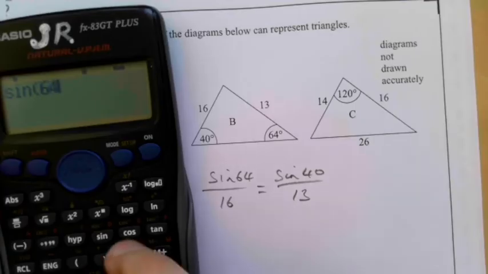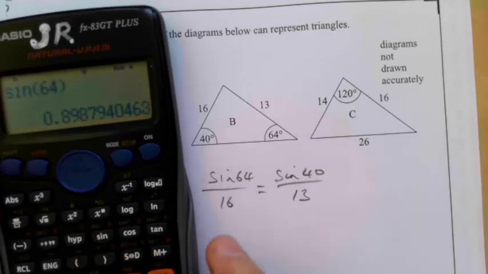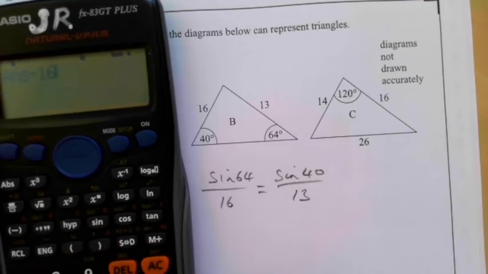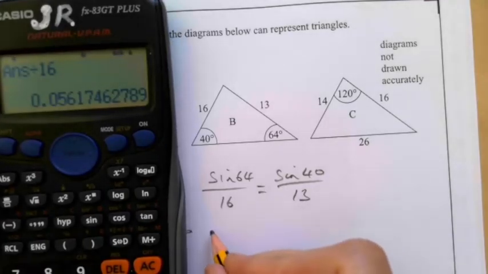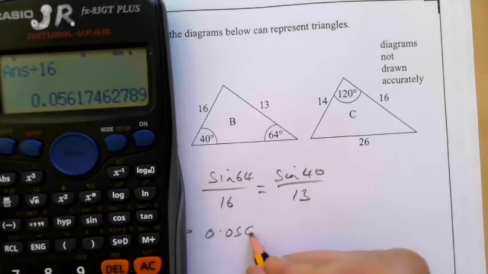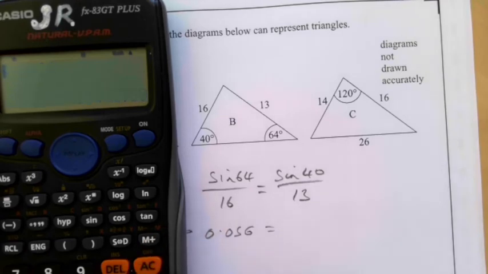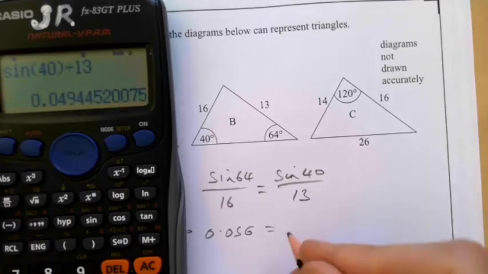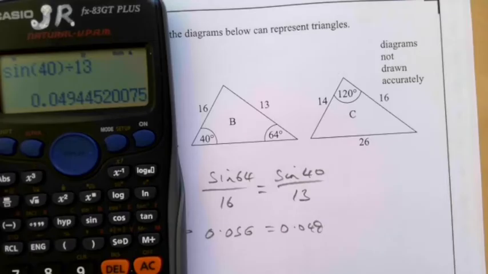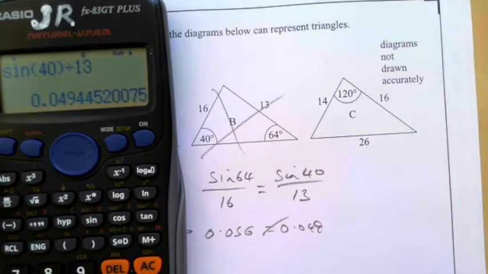Sine 64 divided by 16 equals 0.056, and then sine 40 divided by 13 is 0.049. So that doesn't work either, because they're not equal to each other. So that's going to be a no.